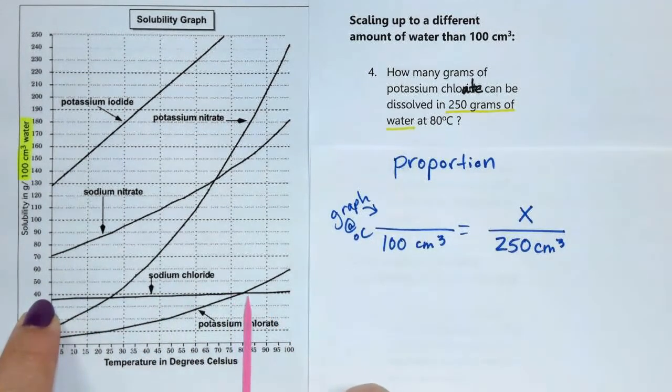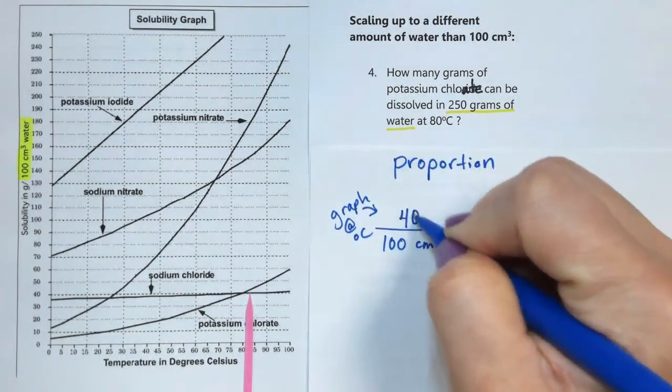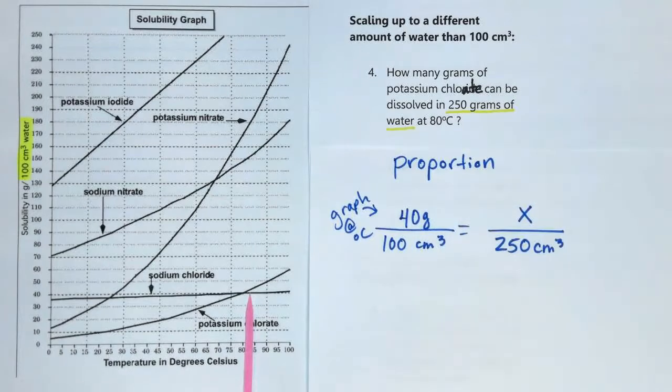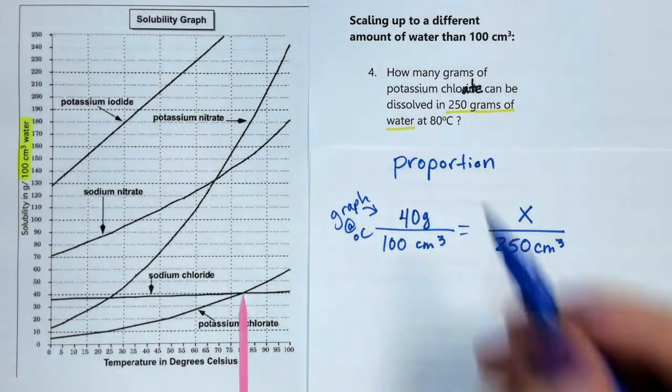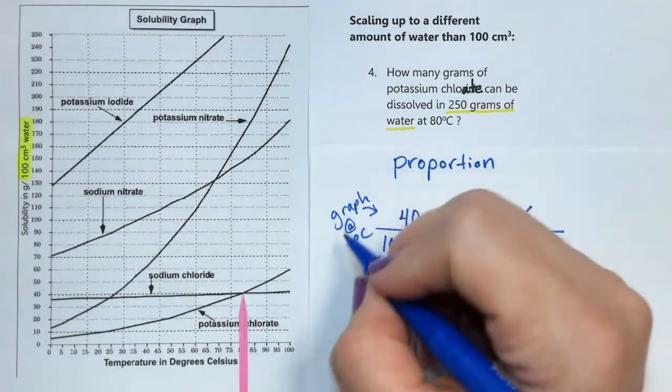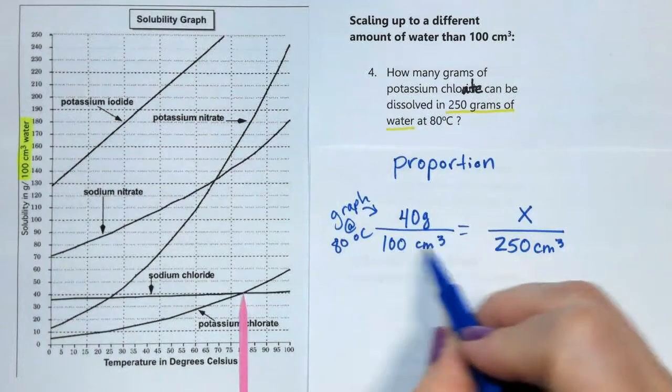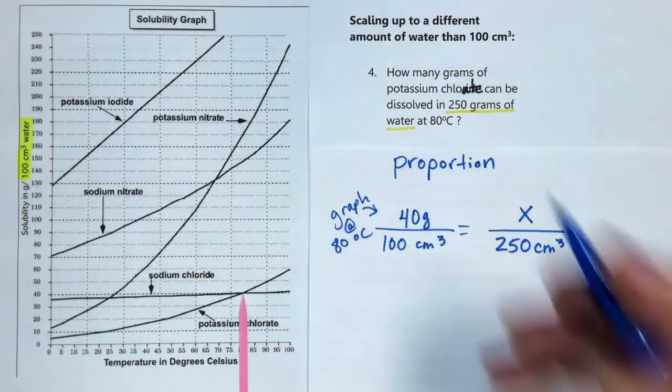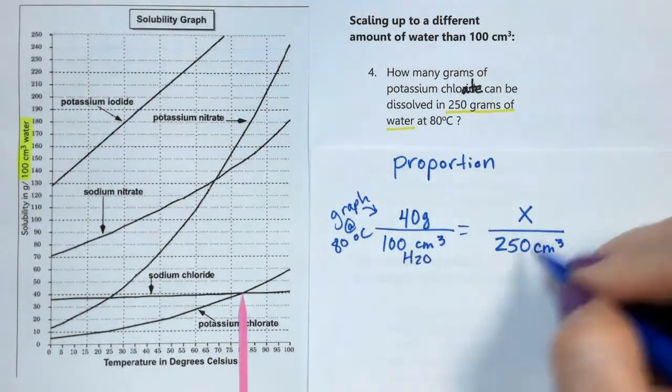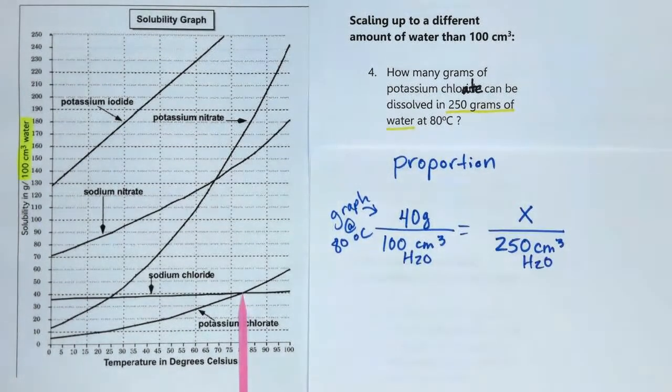So it'll take 40 grams of potassium chlorate at 80 degrees to have a saturated solution. And so that amount, 40 grams, is what we put up here in our proportion. 40 grams of the KClO3, potassium chlorate, makes a saturated solution at 80 degrees in 100 grams of water. Remember, at the bottom, these are both the amount of your water.